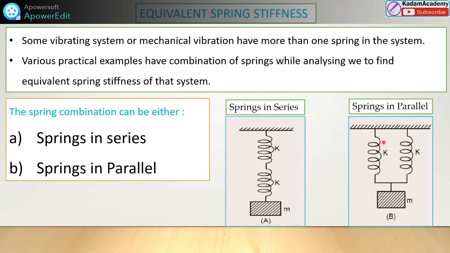Then we are able to create a mathematical equation, which is easier. That is one method to find the equivalent spring stiffness.